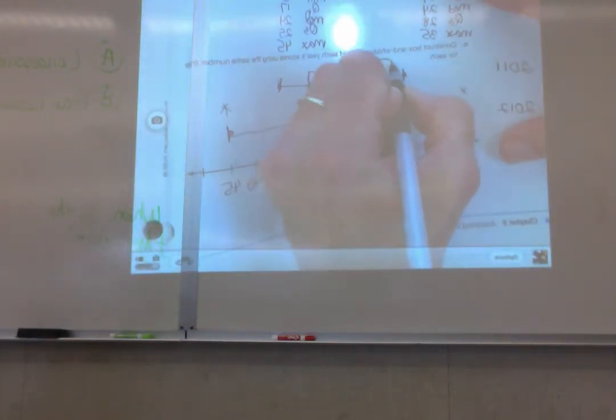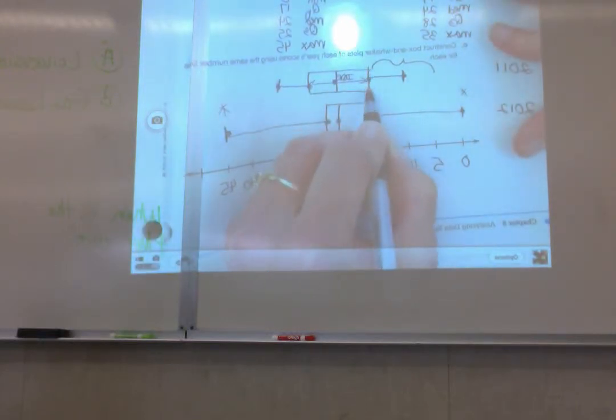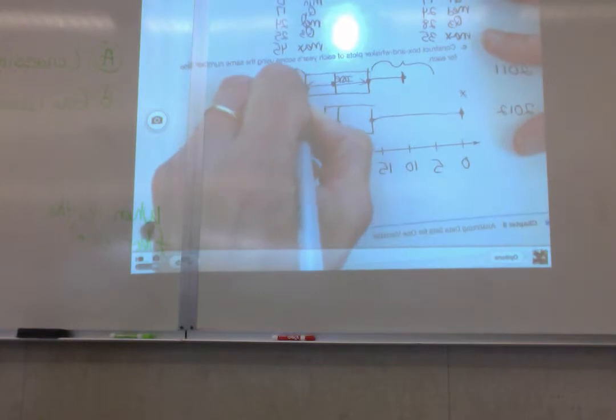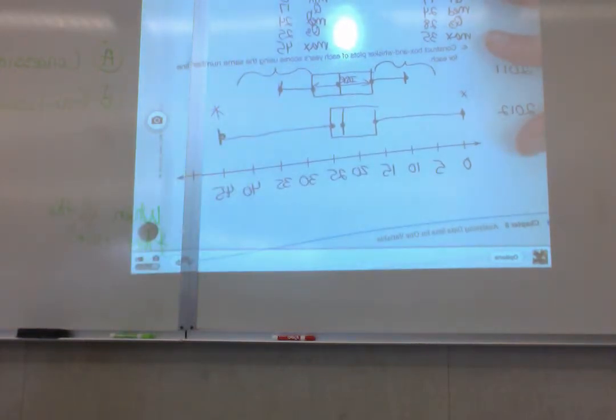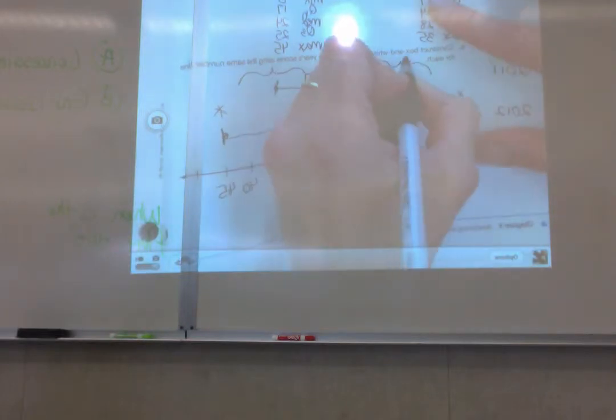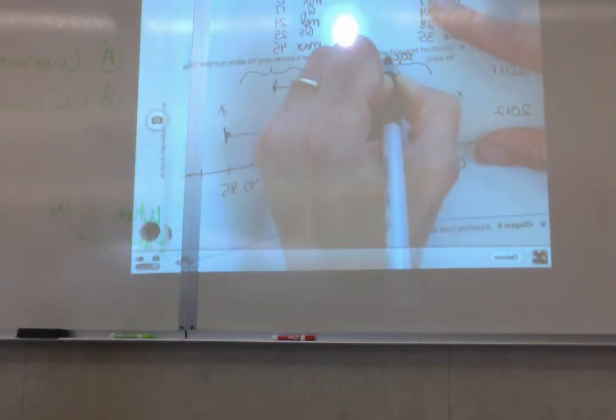The lower fence is a certain increment lower than this edge of the box, and the upper fence is a certain increment higher than this edge of the box. And you get them by going IQR times 1.5.